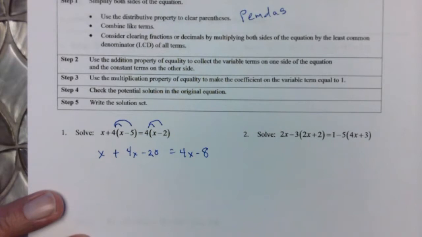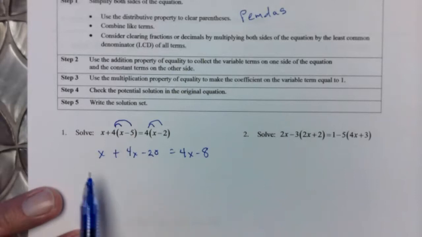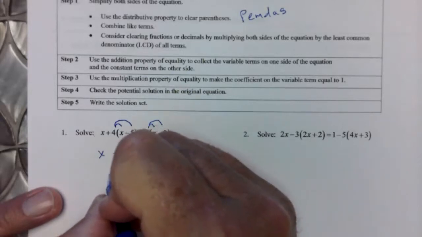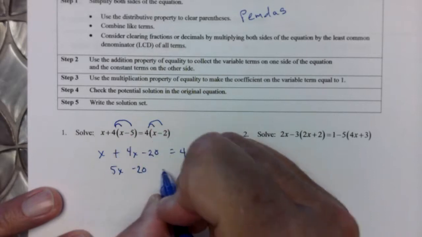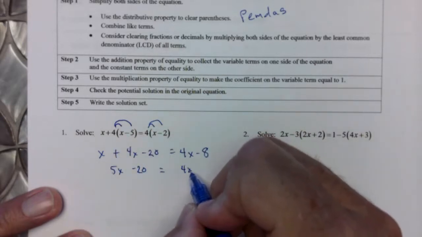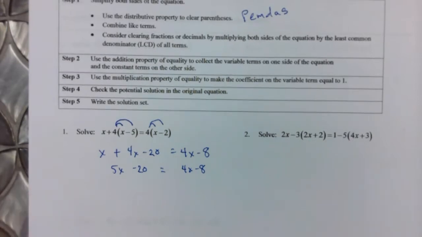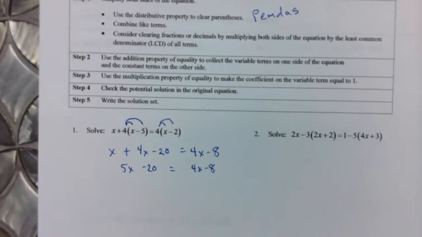Taking a look at that, we now want to, the document, yes, thanks, Nina. Now what am I going to do? I'm going to combine like terms over here. Well, I have variable unknown terms and regular terms. So 5x minus 20. Over here, I still have the 4x minus 8. That's about as simple as I can get right now.